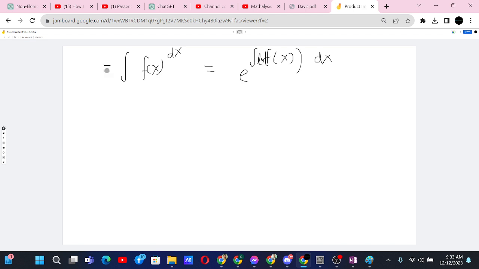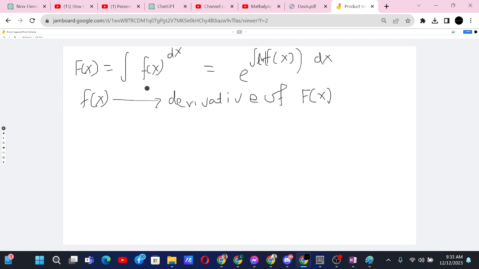Now if this integral is assumed to be capital F of x, then we can say that small f of x is just the derivative of capital F of x. Now let's try to find small f x in terms of capital F x.